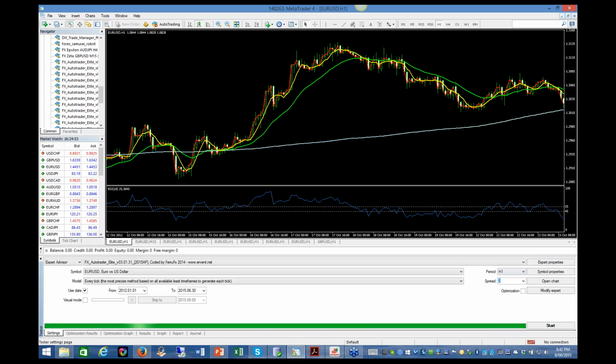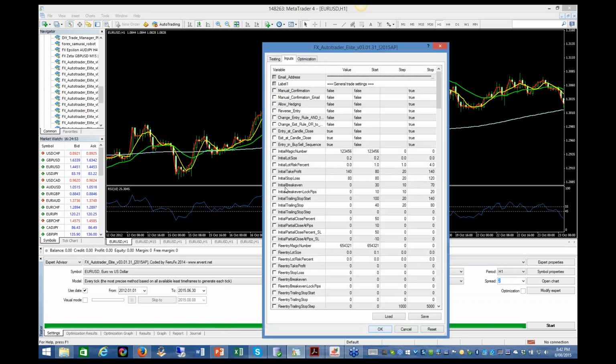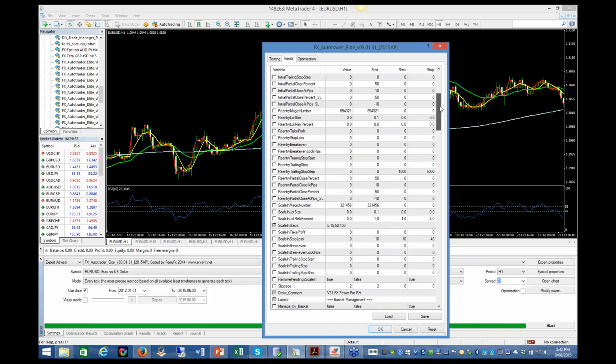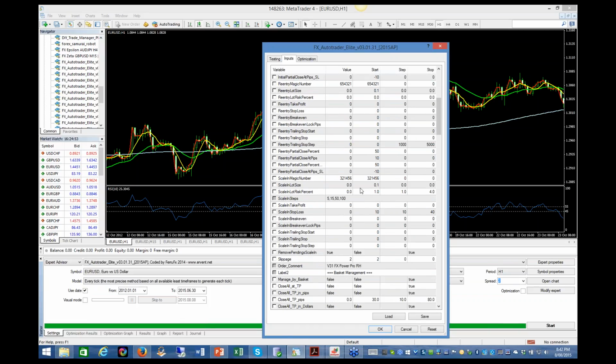One thing that I did do with the chart that I showed was to add some scale-ins. A scale-in is what you can do with the Auto Trader. So once you're in a trade that's in positive, we can ask the Auto Trader to add some extra trades.